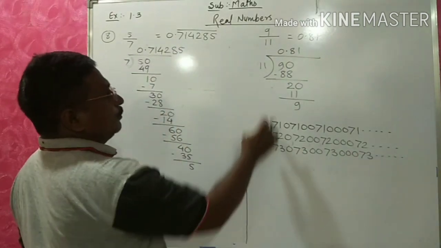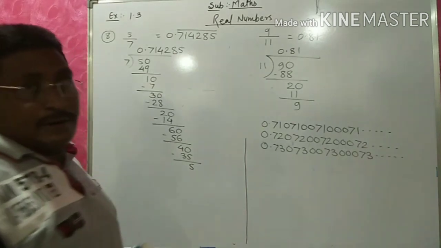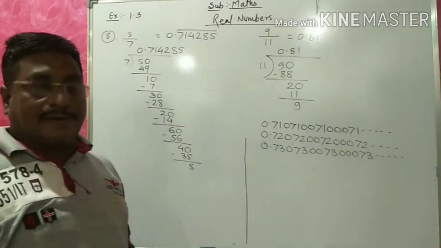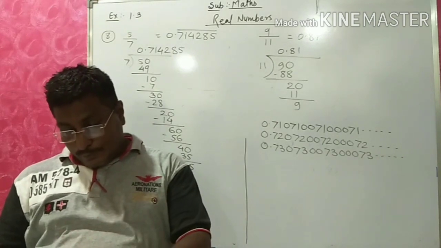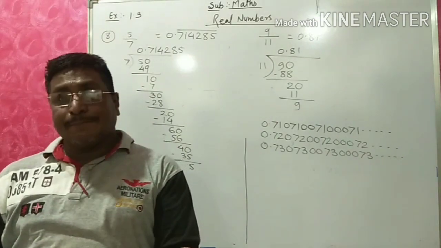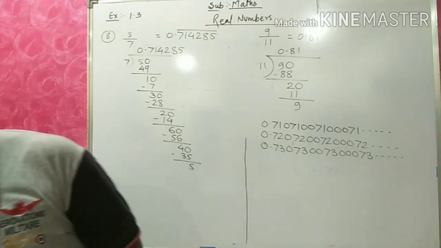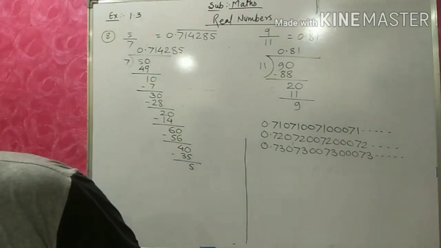Up to 81, so many numbers we will get. How many do they ask? Any 3 different irrational numbers. So understood, students, how to write any 3 irrational numbers?